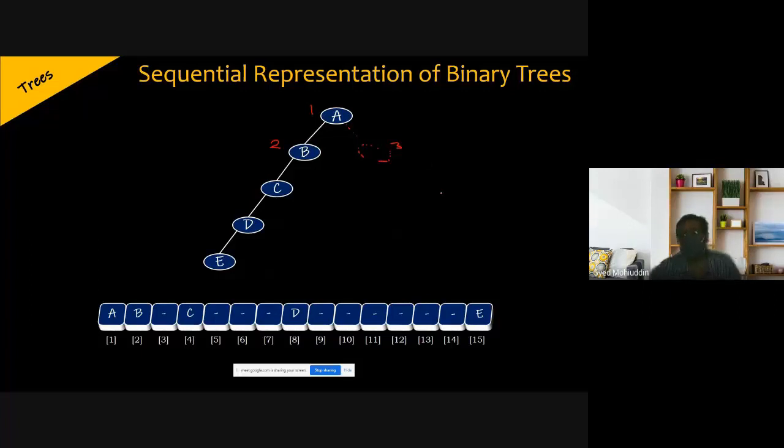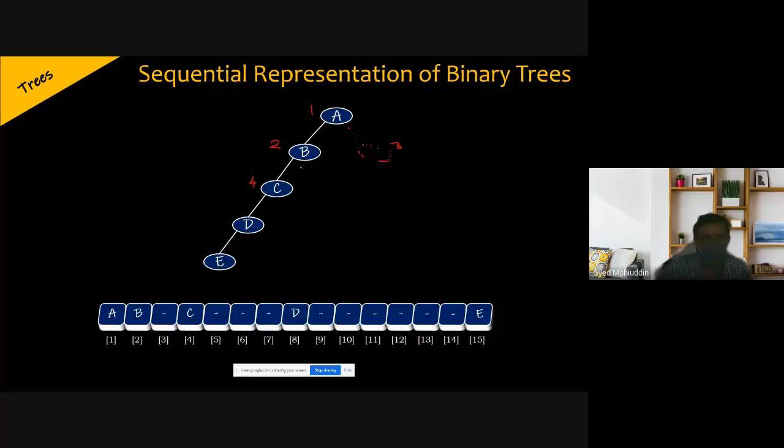We consider a full binary tree. Then under A, only 2 nodes can be there, B and another node, but it's not there, so that position is labeled 3. So C will be labeled as 4. Why 4? Because there is nothing at 3.